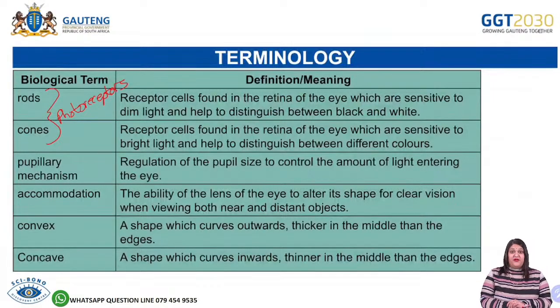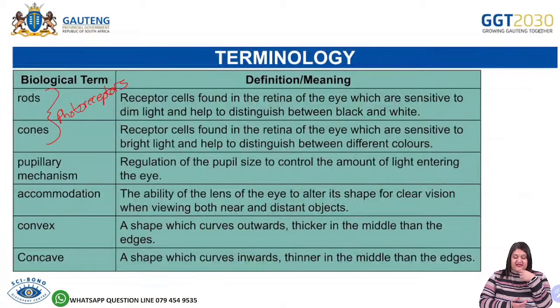Then we have the pupillary mechanism, which is the regulation of the pupil size to control the amount of light entering the eye. So when it comes to sight, the stimulus is light. The pupil of the eye is the black hole in the eye that controls the amount of light that is entering the eye.